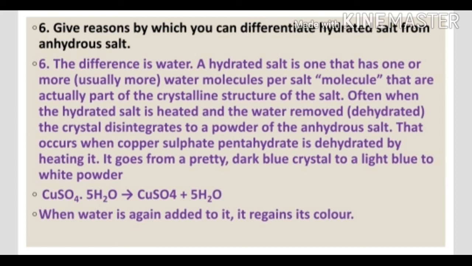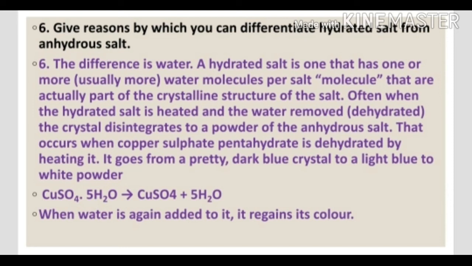Often when these hydrated salts are heated, the water is removed and they become dehydrated, and as a result the crystal disintegrates to a powder of the anhydrous salt. An example is copper sulfate pentahydrate, which has 5 water molecules.